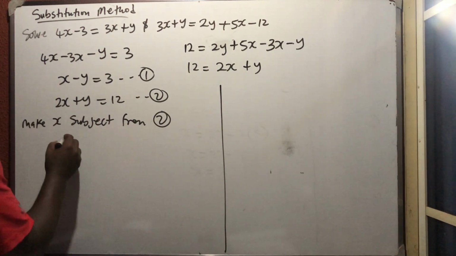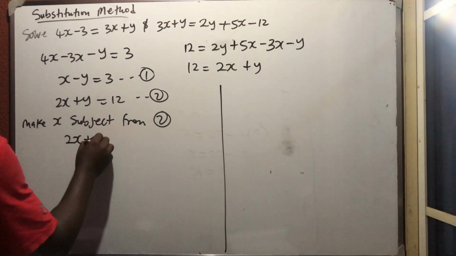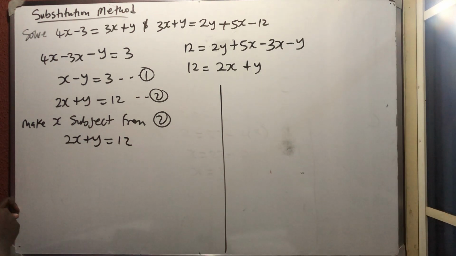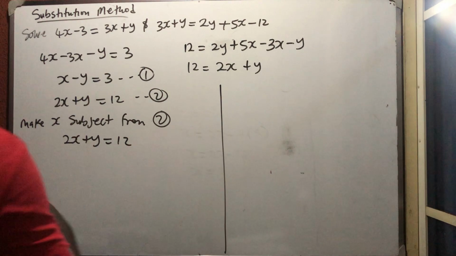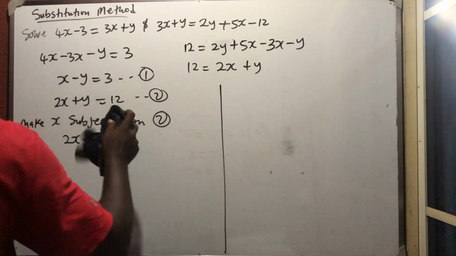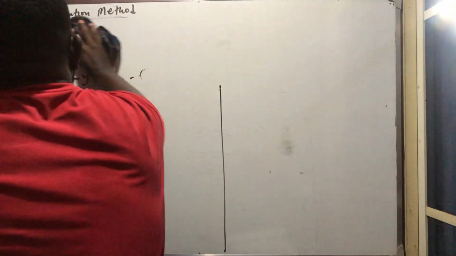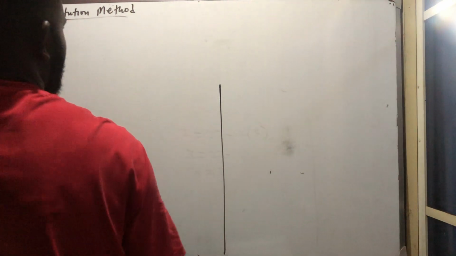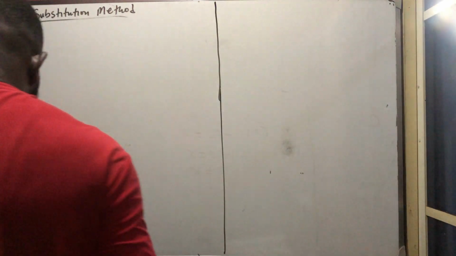So from equation 2 I have 2x plus y is equal to 12. I don't want to solve this question, so this is the equation, you can solve it. I want an equation that will look a little bit difficult so that you will understand perfectly.